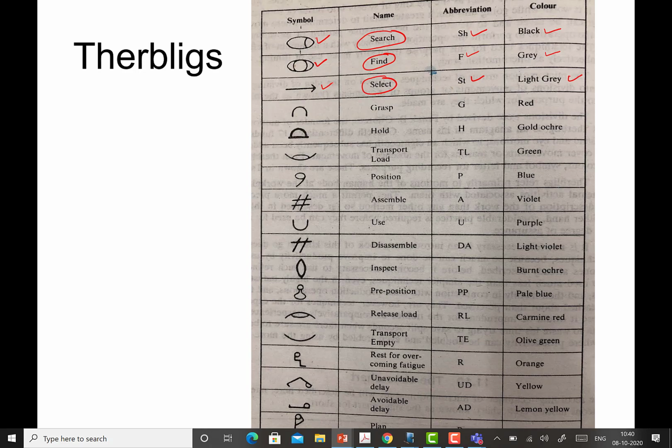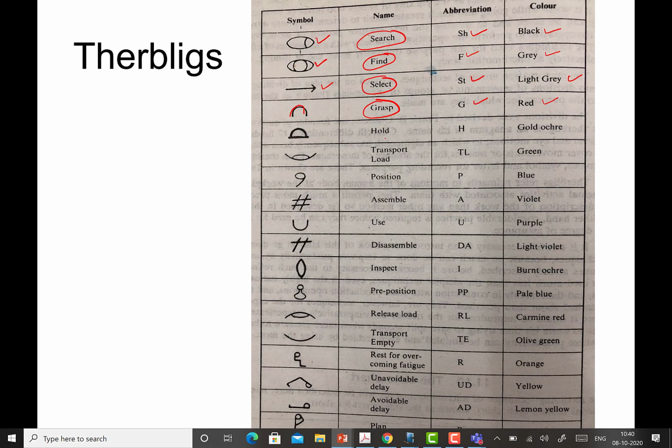Then after searching, find, and select, grasp is the next fundamental movement, represented by G, and the color is red.